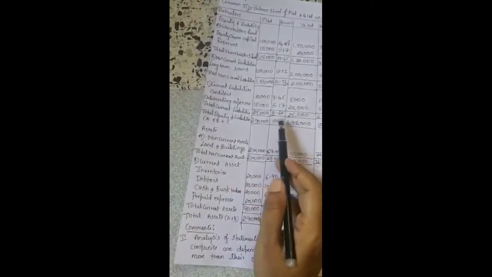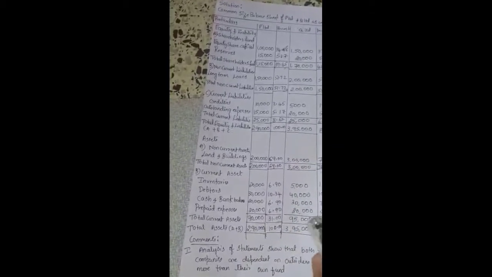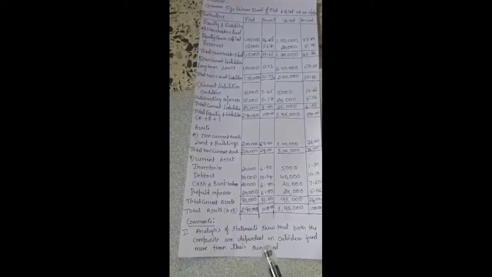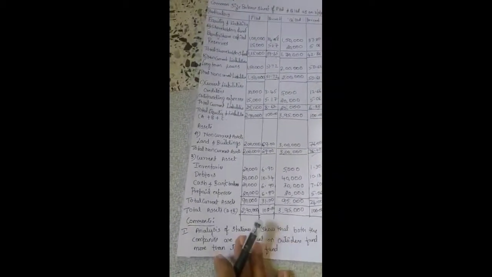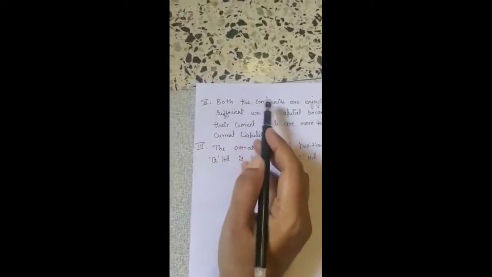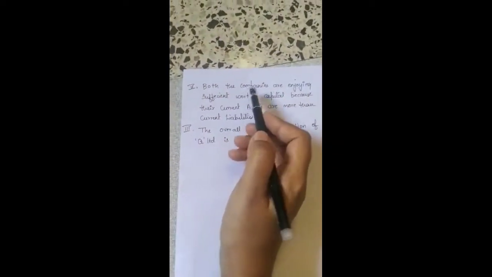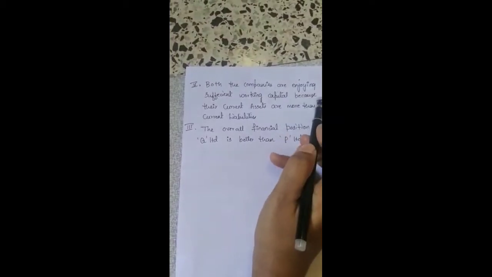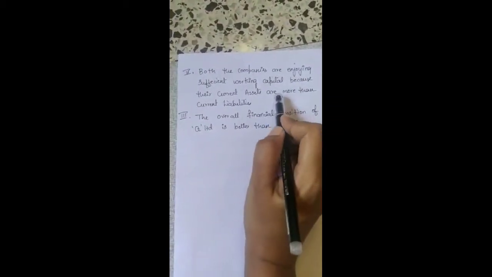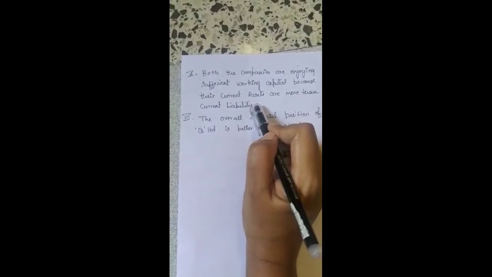So both companies' liabilities are less than the current assets. When current assets are more than current liabilities, we have to assume that company has sufficient working capital. That should be mentioned in the second comment. Both the companies are enjoying sufficient working capital because their current assets are more than the current liabilities.